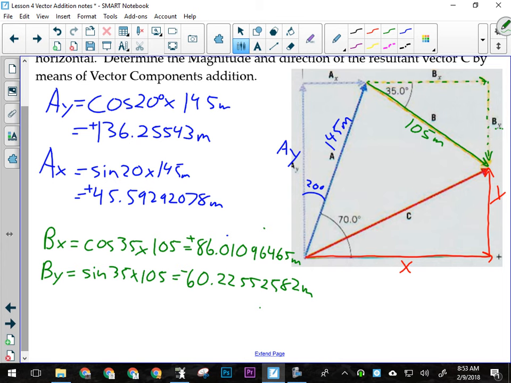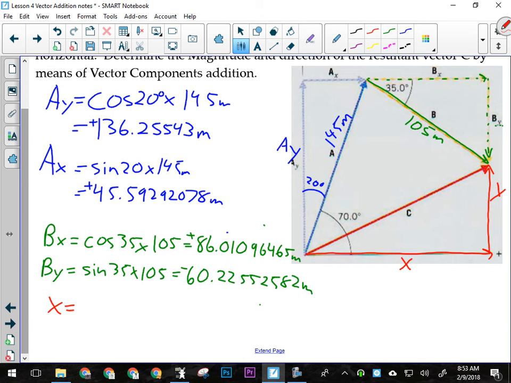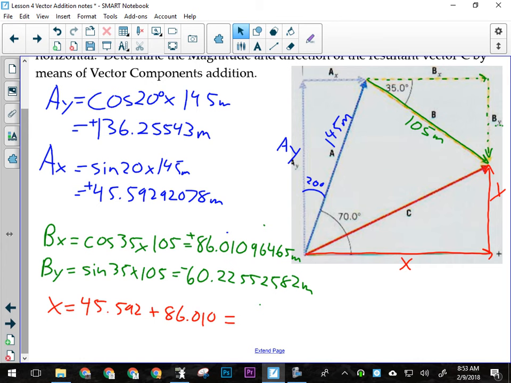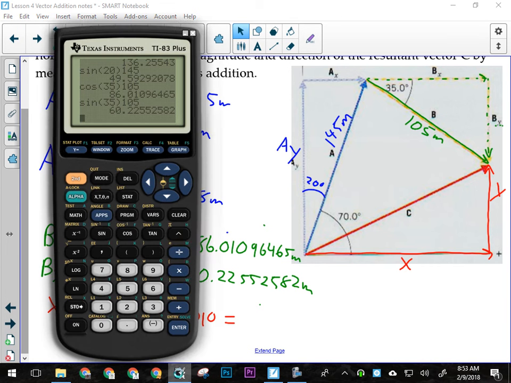All right, so in order to calculate my red x, I'm going to take the other two. So I'm going to take blue x, which is 45.592, I'm not going to write them all there, plus BX, which was 86.010. I'm going to add those together and figure out what my total x is going to be.